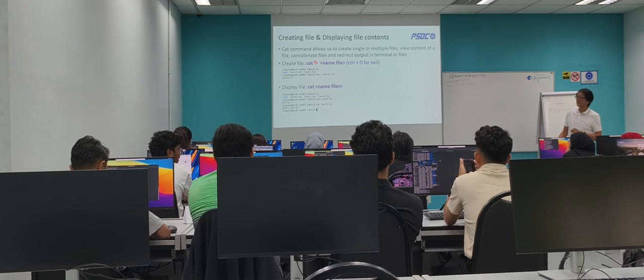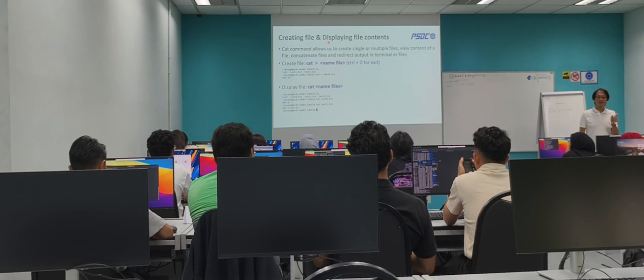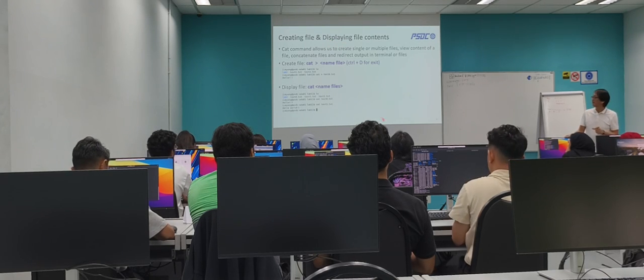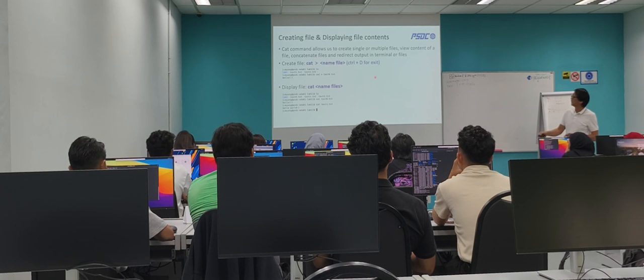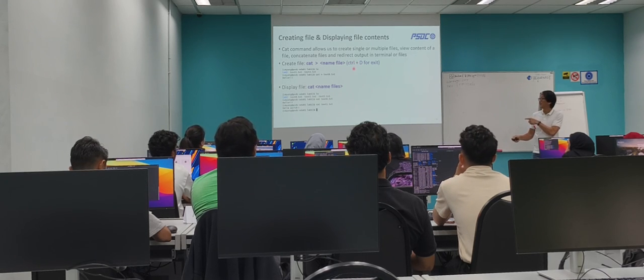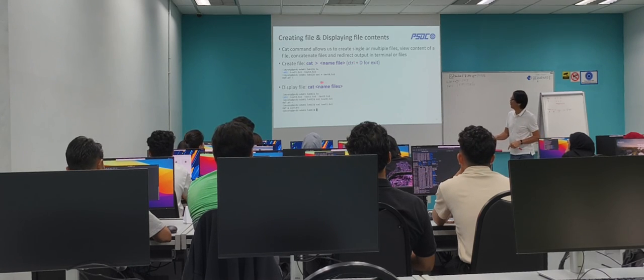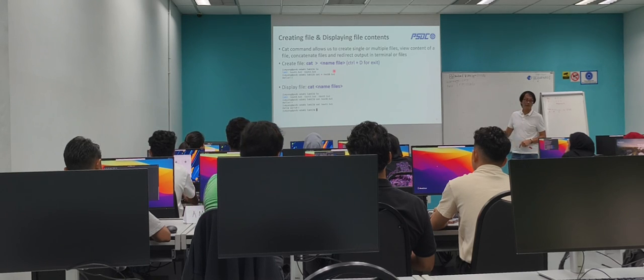So cat, then the greater than sign is a redirection. Basically you send everything from here to the file name. So you can write down this command for creating files and how it works, for example to a text0.txt.